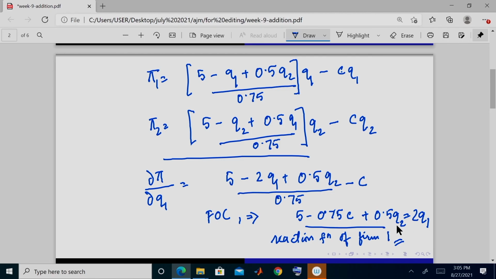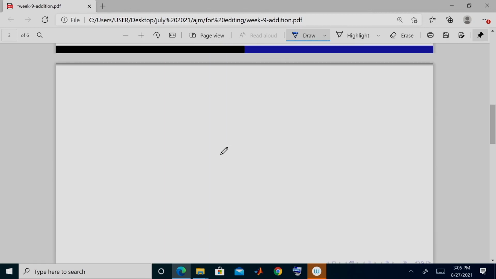What is the optimal output of firm 1? This. Now, we find out the reaction function of firm 2.